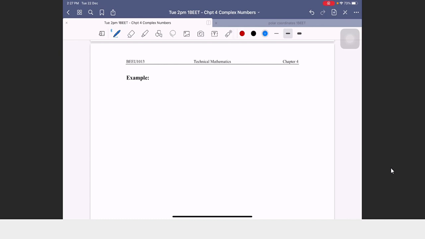Okay, so perhaps we'll start by looking at a question. Maybe I would like you to try this question. Let's look at this example. Let's say you are given two complex numbers: Z1 equals minus 2 plus 3i and Z2 equals 1 minus 4i.